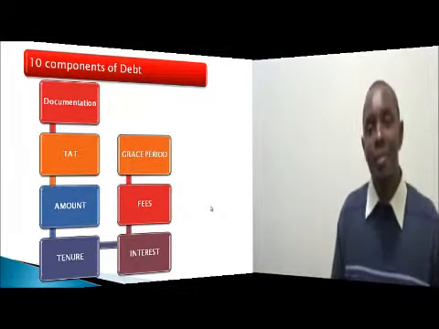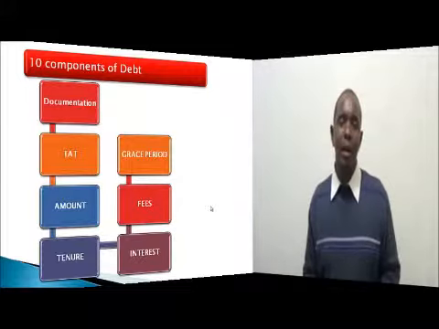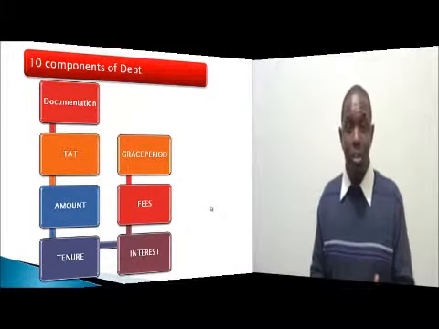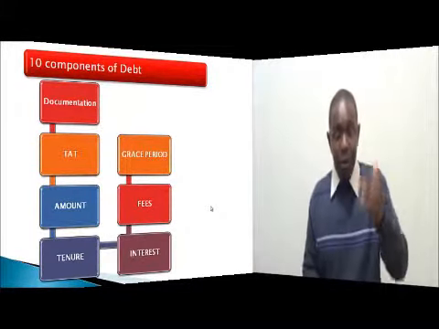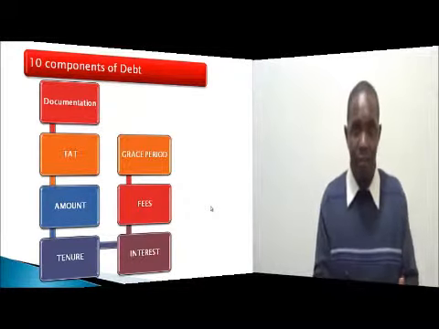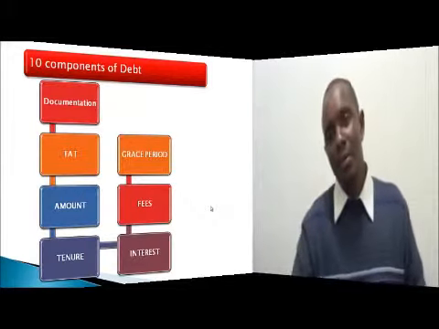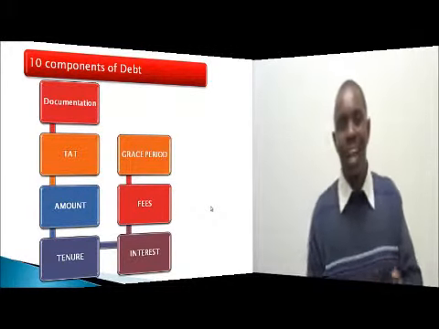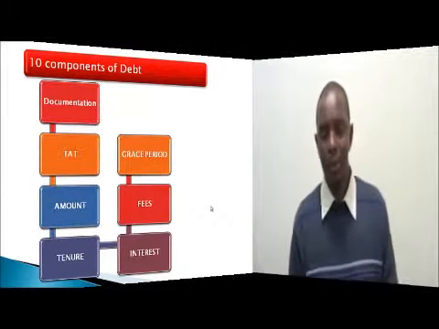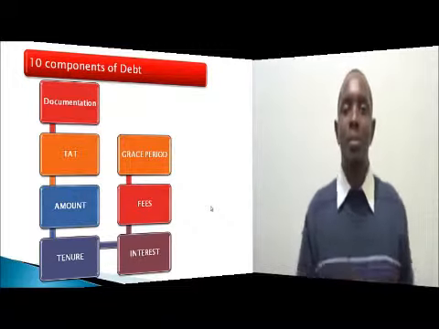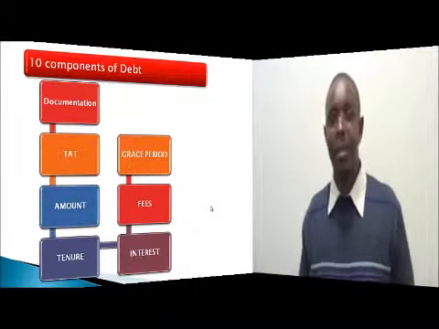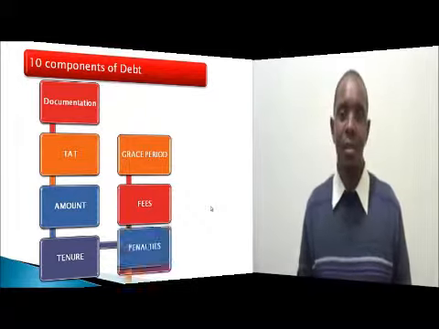Then you need to know the grace period. The grace period refers to the duration after the loan has been processed and you've received money. When will you commence making the repayments? So that is called the grace period, the duration between disbursement and your first repayment.